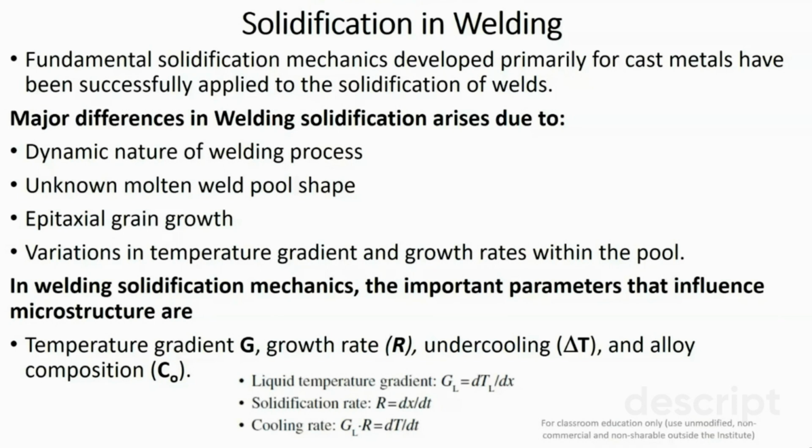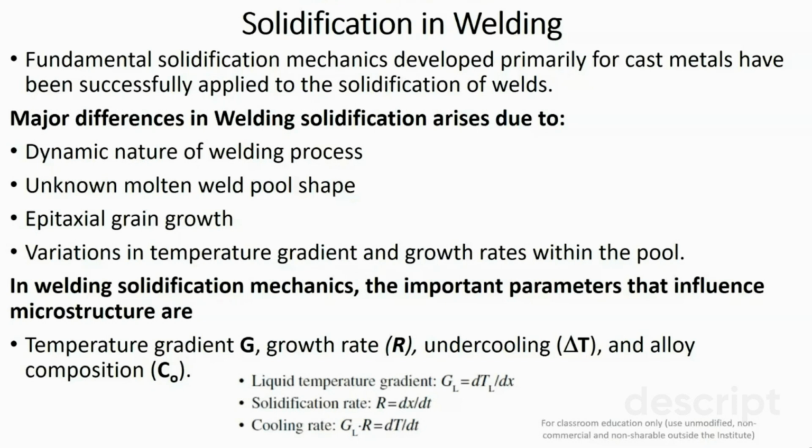Then we have the variation in temperature gradient and growth rates within the molten weld pool. There is a change in the growth rate within the molten weld pool, and it also depends upon the type of the welding process and the way you are performing your welding process. The procedure also determines the variation in the temperature gradient.